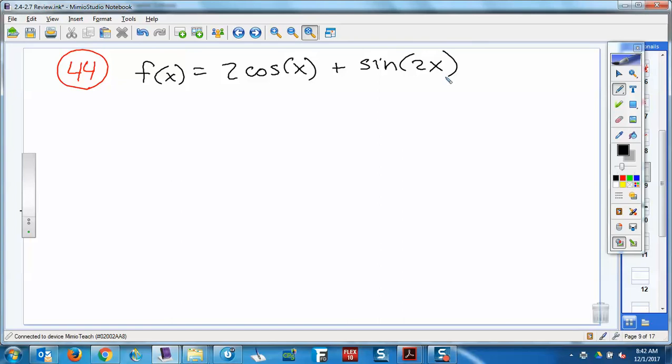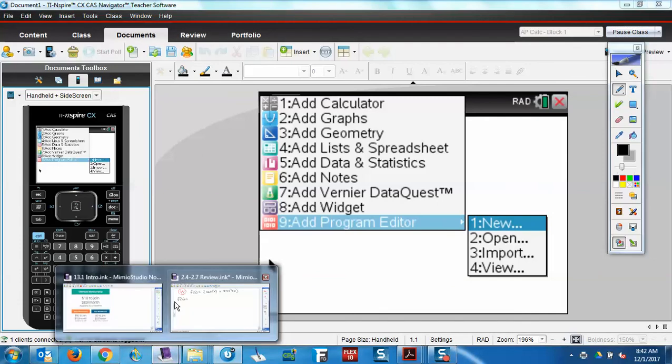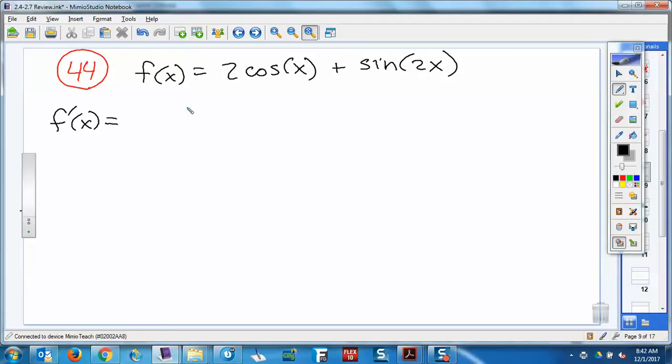Since we got the whole gamut, I might as well start by doing what? F prime equals 0, right? So here's where I want you to go ahead and use your calculator. Now, you don't have to use your calculator for this. Matter of fact, I'd rather you not. But I won't be able to tell. Well, I will be able to tell by the way you write it, because the calculator is going to give it to you different than you would do it, as you'll see here in a second. But what's the derivative of cosine?